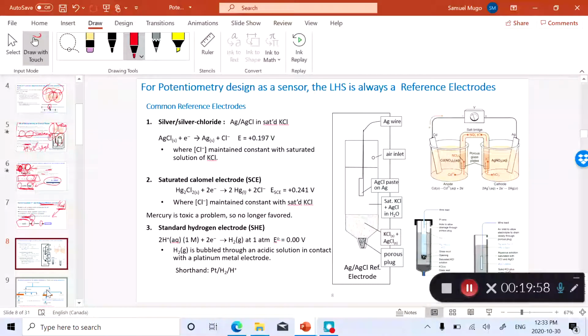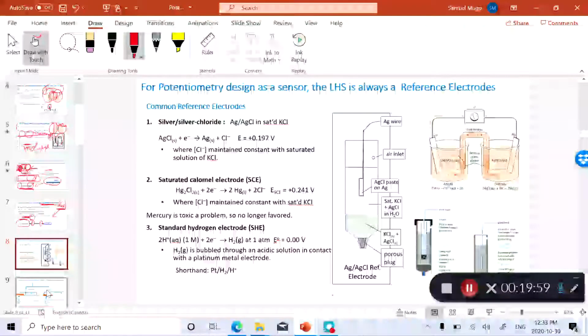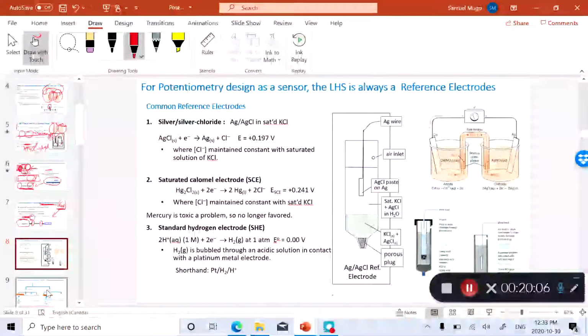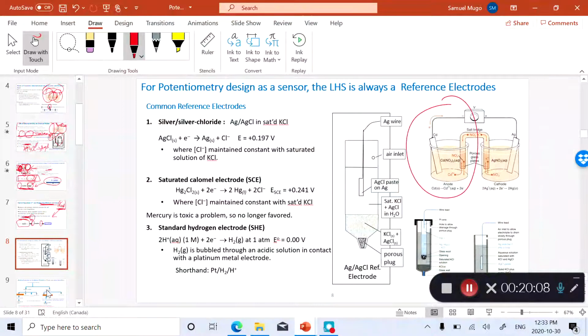So I've just mentioned, for potentiometry to work, ideally what you want is one of the half cells on the left hand side, this guy, which we call an anode, all right? And then this guy, we call a cathode, okay? Ideally, we don't want both of them to be fluctuating.